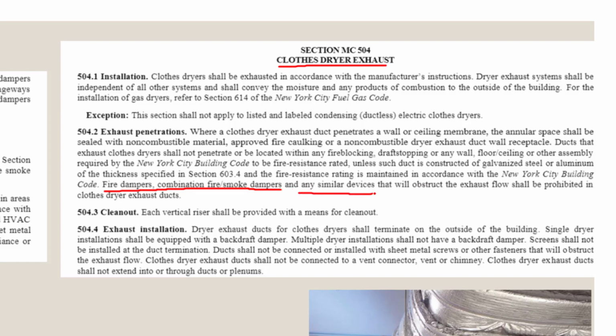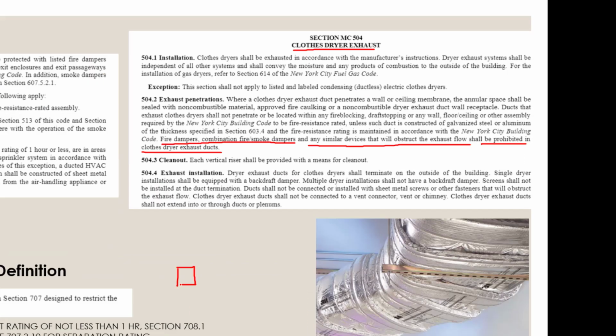And any similar device that will obstruct the exhaust flow is listed right here as being prohibited in closed dryer exhaust ducts. And you have to make sure you have cleanouts at each vertical riser. So let's say this is the dryer and the exhaust goes this way, and this is the roof. At this vertical rise here, you need to have a cleanout right at this location, and that's to remove any lint that might build up.